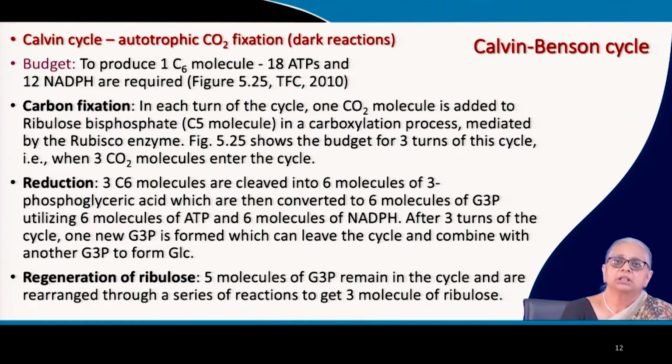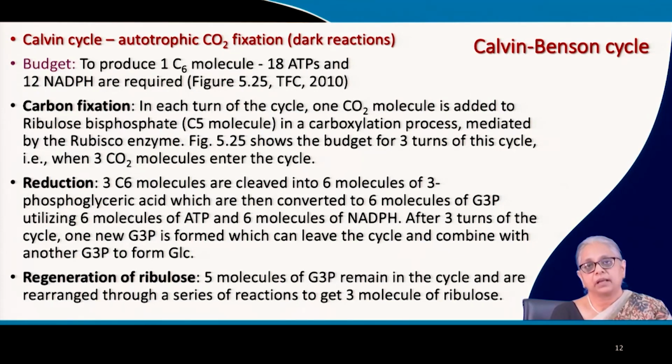We then come to the Calvin-Benson cycle. So like I said, the last part of photosynthesis is where you have fixation of CO2 into organic matter. What we have seen up to this point is the utilization of water and the generation of oxygen or elemental sulfur and so on, in oxygenic as well as anoxygenic photosynthesis.